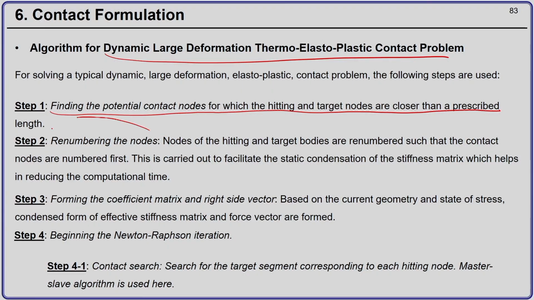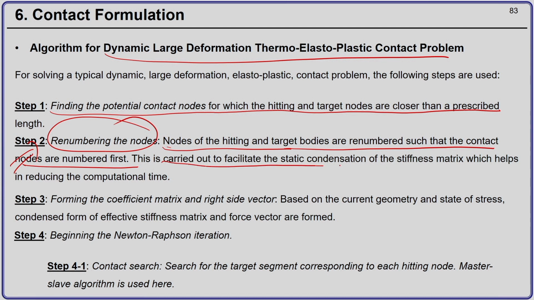And then this step is optional, but you can do the renumbering of the nodes. Nodes of the hitting and target bodies are renumbered such that the contact nodes are numbered first, and this is carried out to facilitate the static condensation of the stiffness matrix that we discussed at the end of the finite element discretization, in reducing the computational time. Okay.